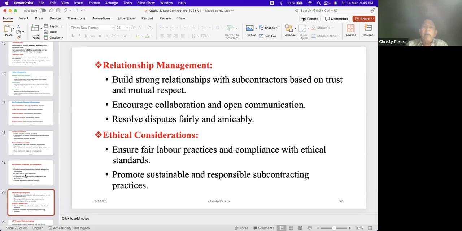Resolve disputes fairly and amicably. That's how I resolve some disputes when we have a problem. But every time you won't get that chance, right? Ethical considerations: ensure fair labor practices, promote sustainable and responsible subcontracting practices.